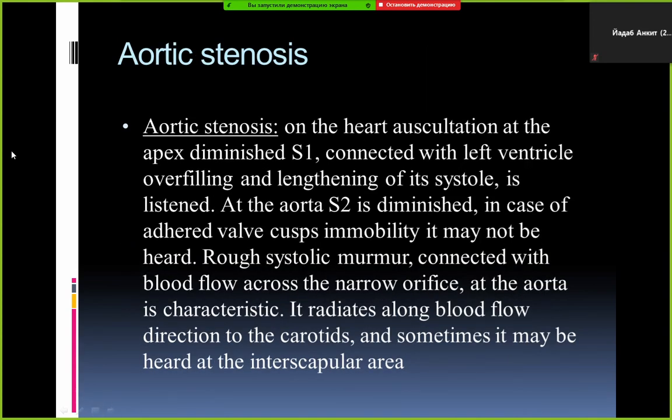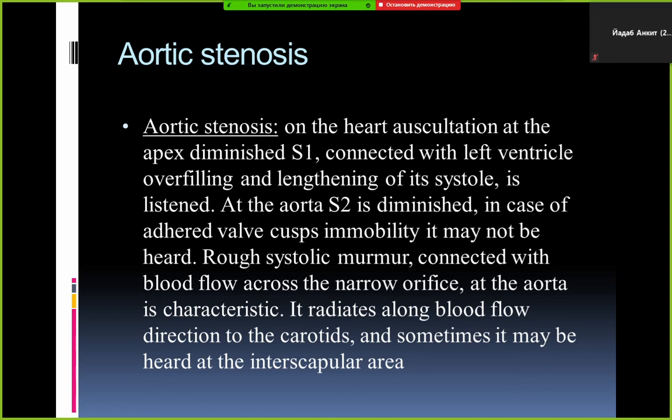Auscultation picture. On heart auscultation at the apex, S1 is diminished due to left ventricle hypertrophy and overfilling. At the aorta, in the second intercostal space at the right edge of the sternum, S2 is diminished in case of adherent valve cusps' immobility.